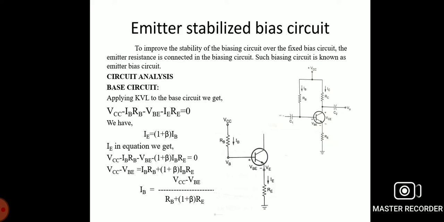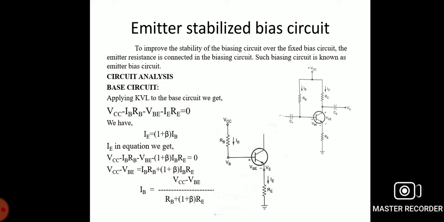Applying Kirchhoff's voltage law to the base circuit, we get the equation: the supply voltage VCC minus the base current IB into the base resistance RB minus the base emitter voltage VBE minus the emitter current IE into the emitter resistance RE is equal to 0. We have the emitter current IE equal to 1 plus beta into IB.